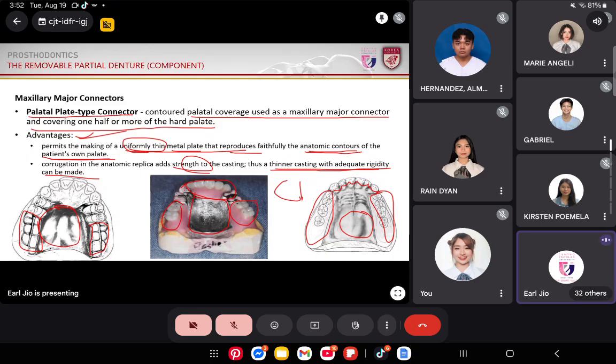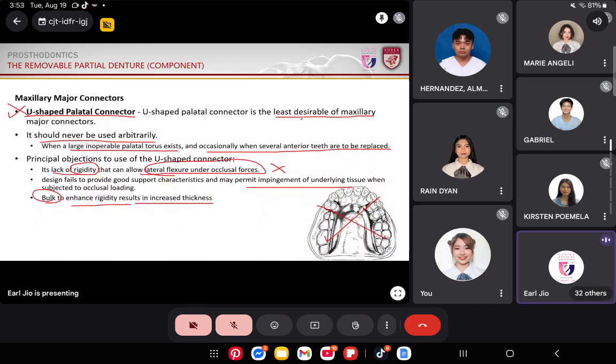In that case, full palatal is indicated together with plating to the remaining natural teeth. In that way, first, it provides cross-arch stability because it is rigid. Pangalawa, dahil may plating tayo sa remaining natural teeth natin, it can prevent any vertical and horizontal displacement. Yun yung maganda dyan sa design na yan.